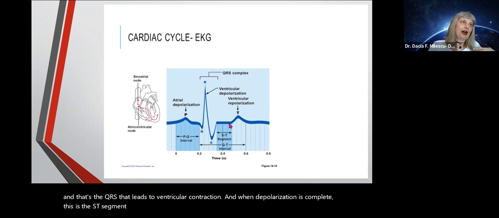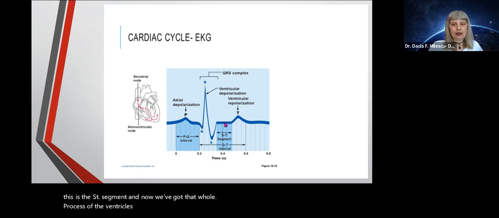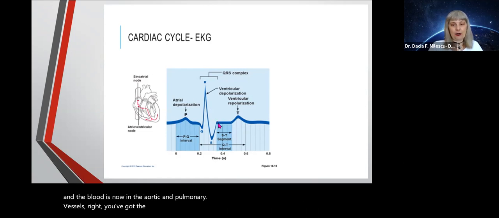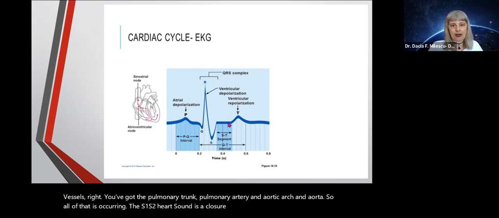And now we've got that whole process of the ventricles pumping and releasing the blood, forcing the semilunar valves open, and the blood is now in the aortic and pulmonary vessels, right? You've got the pulmonary trunk, pulmonary artery, and aortic arch and aorta. So all of that is occurring. The S2 heart sound is the closure of the semilunar valves.